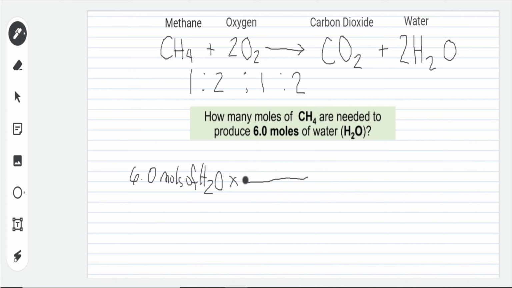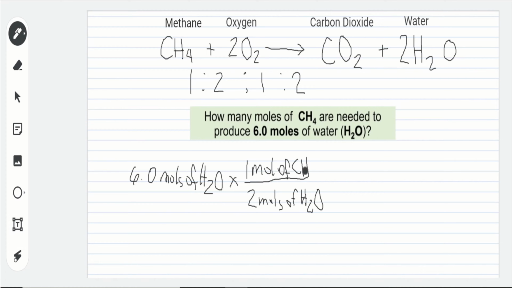So here, what we have is 1:2. So for every 2 moles of water, H2O, we have 1 mole of methane.